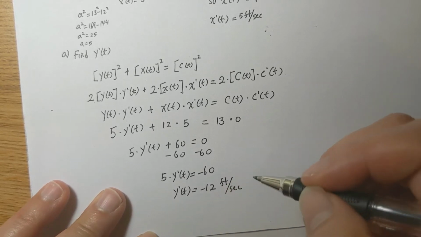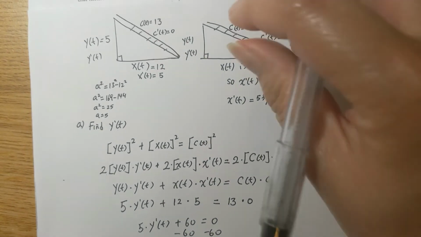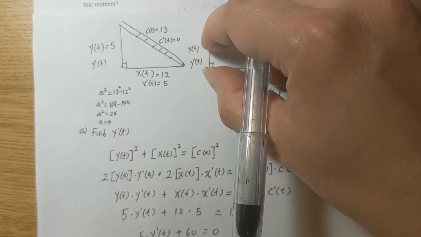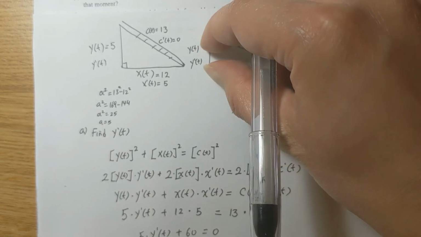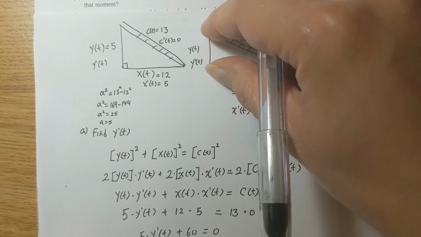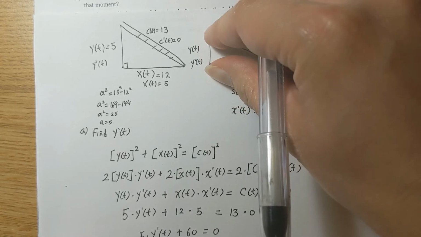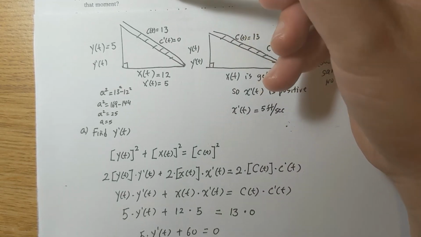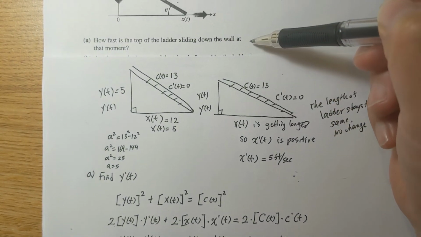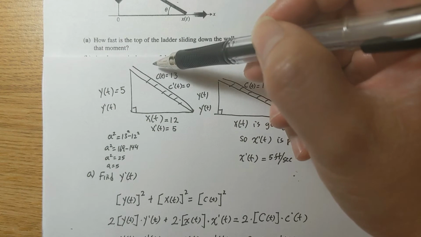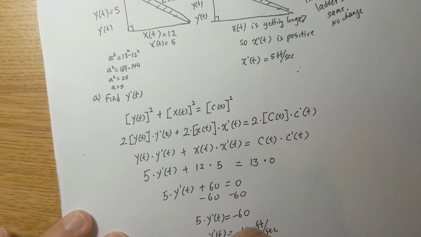It's one-dimensional. So that means this part is going down by 12 feet per second. This side is getting shorter by 12 feet per second. And then the top of the ladder is sliding down the wall at 12 feet per second.